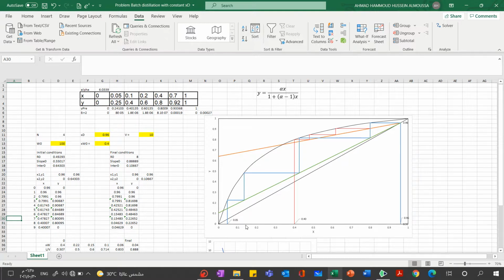It's like y equals 0, so it makes the intercept on the x-axis. And if you want to add more stages, like what we saw in the previous video, you must copy this code with Control C and put it here.